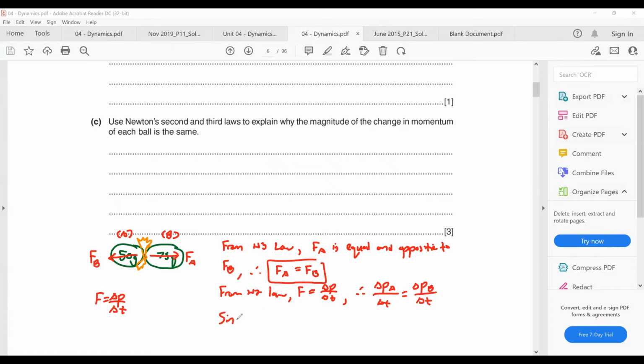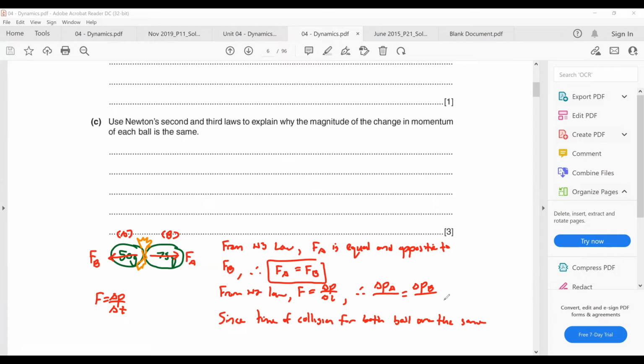Then after that, I will say that since time of collision for both balls are the same, maybe I write this.